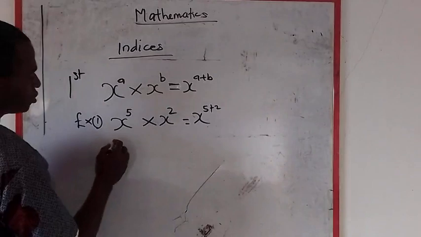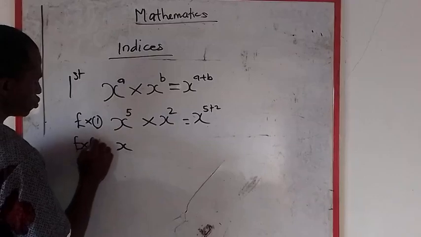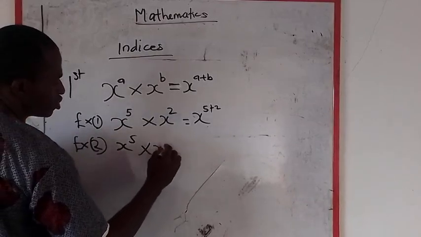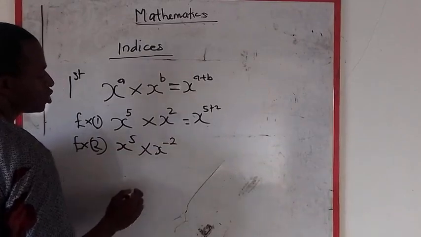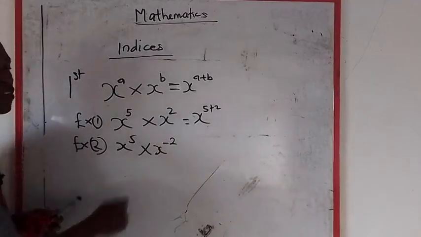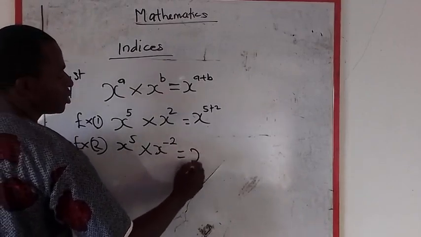Let me give other examples again. Let me assume that we have example 2, where we now have 5 times x raised to power minus 2. In this case, don't forget that irrespective of the fact that we have a minus sign there, it's not our business. We are going to apply the law accordingly.